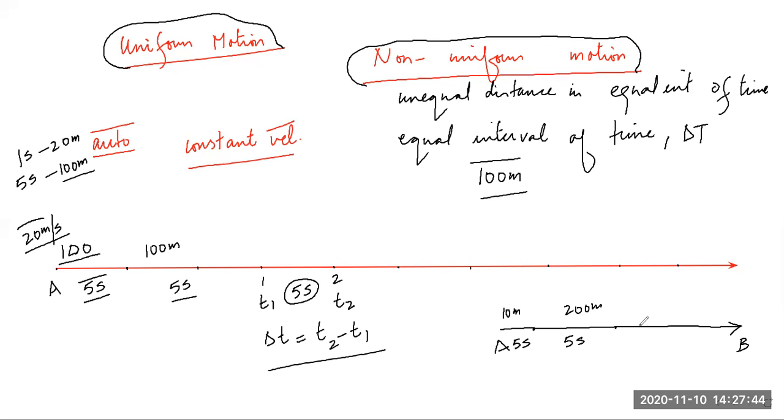Then in the next 5 seconds, the distance traveled is only 50 meters. Time interval is same, but the distance traveled is different. So that is a case of non-uniform motion. Non-uniform motion means distance traveled is not same in equal intervals of time.